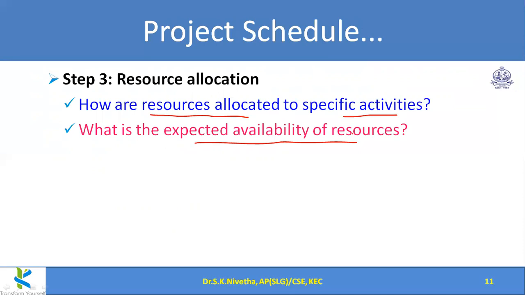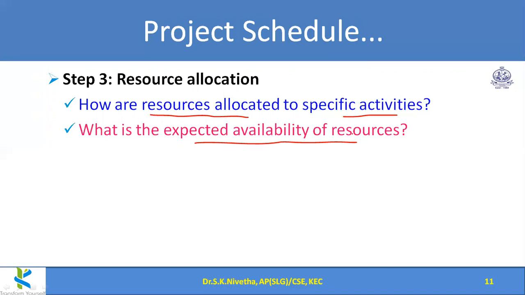Activity 1 requires 4 computers and 4 members, and activity 2 requires 1 person and 1 computer. Activity 3 requires, likewise, some requirements. All these are to be listed here.